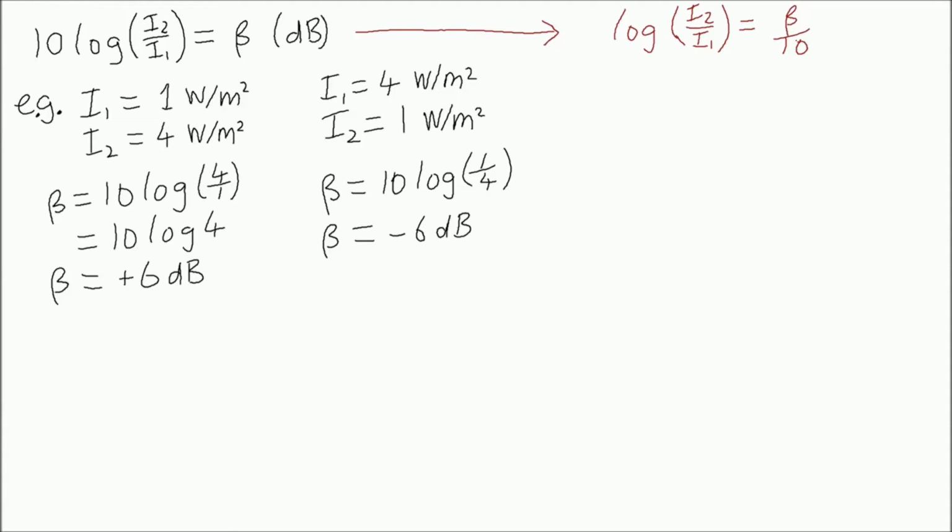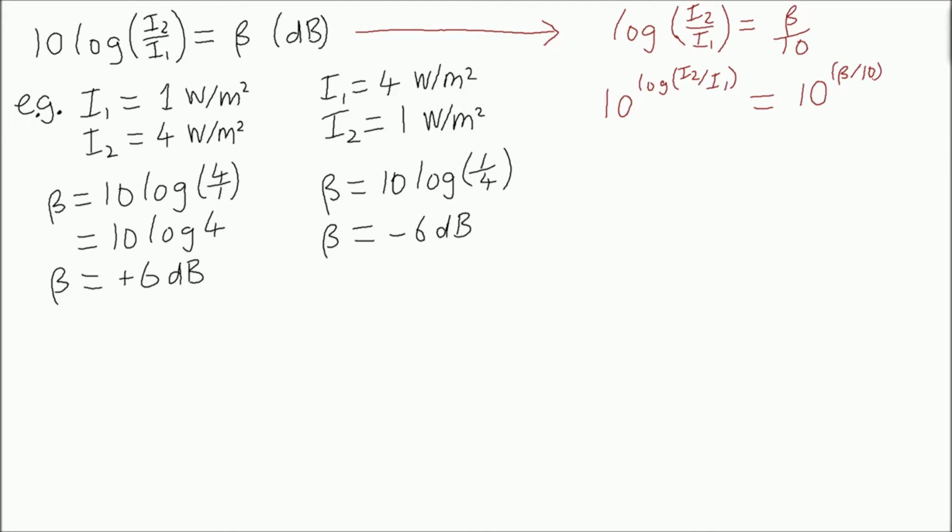Now remember that 10 to the power of undoes the log function. So if we take 10 to the power of both sides, it becomes this. 10 to the power of the log of I2 over I1 equals 10 to the power of beta over 10.